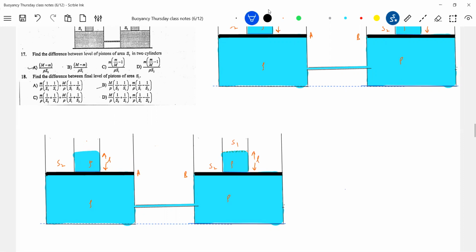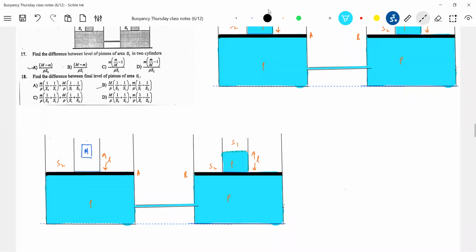Now we will immerse a block. Let me put a block here first. So what will be the level of liquid?